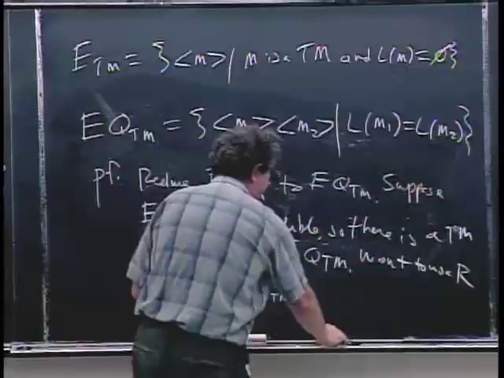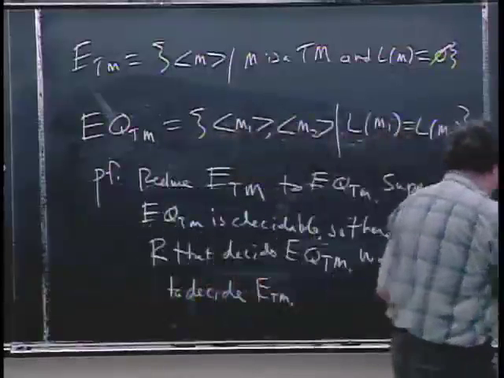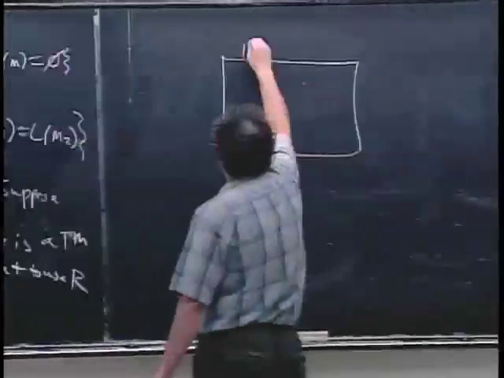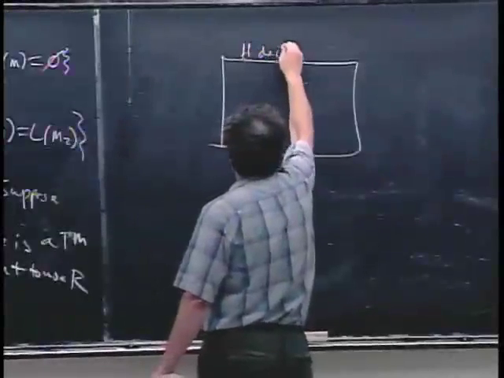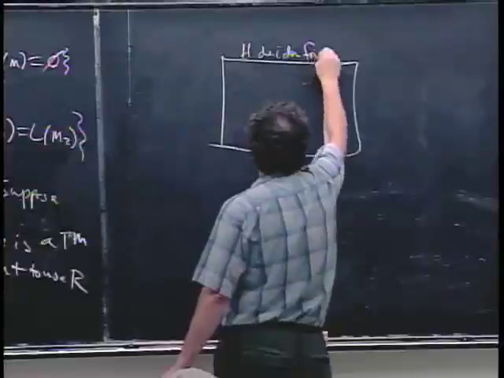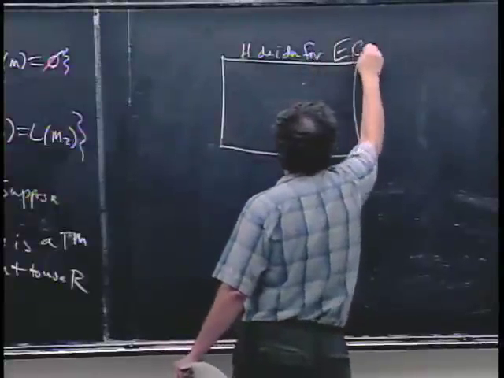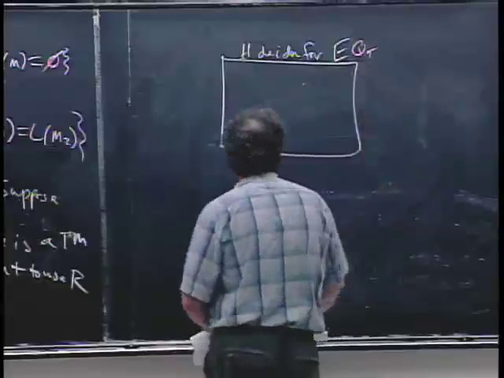Okay, so now we can draw our picture just so we are clear on what we're trying to do. Here's the box for H, and H is supposed to be a decider for ETM.